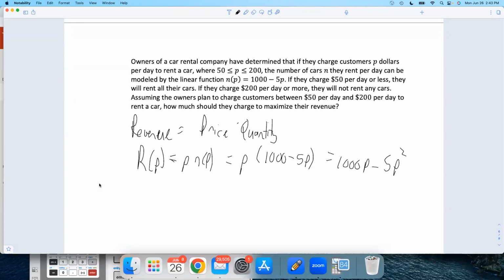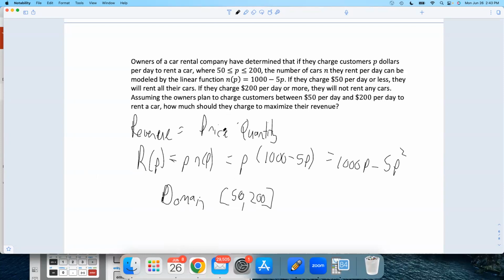And I want the goal here. Well, let's write our domain first. So domain is 50 to 200. We are told that if they charge $50 or less, they're going to run out of cars.